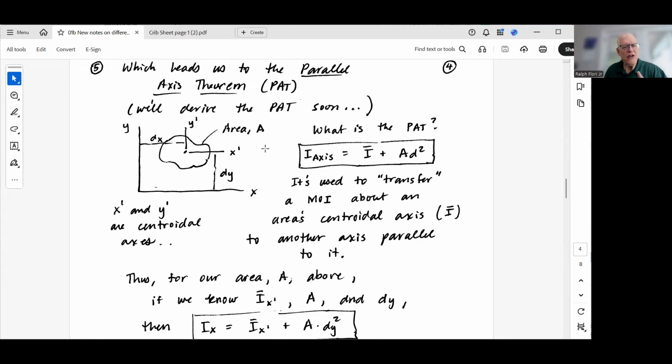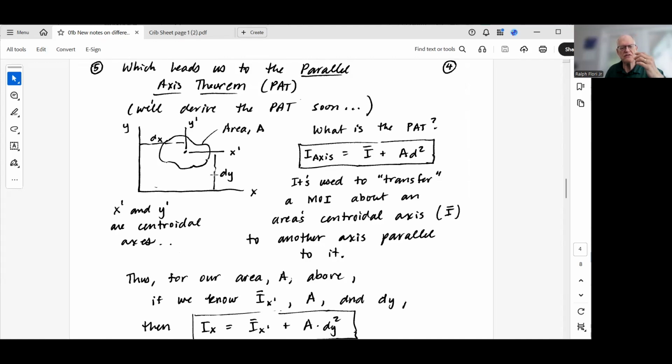So remember the parallel axis theorem, and we will derive it in a video soon, but we mentioned it earlier. A general area has centroidal axes x prime and y prime, a distance dy to the x-axis, and a distance dx to the y-axis. The I about one of these axes is equal to I bar about the centroid plus the area times the distance squared.